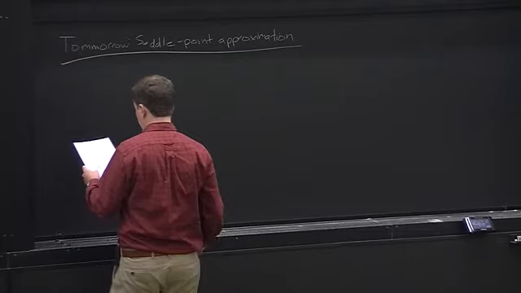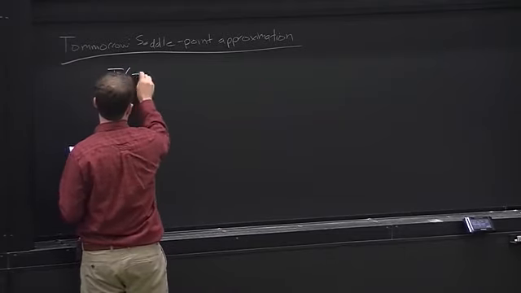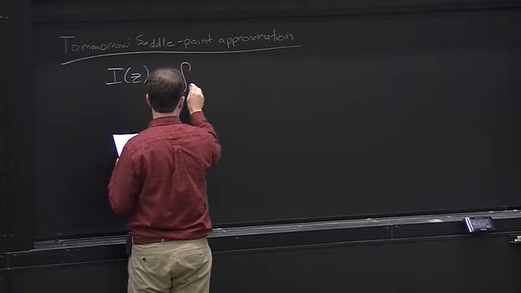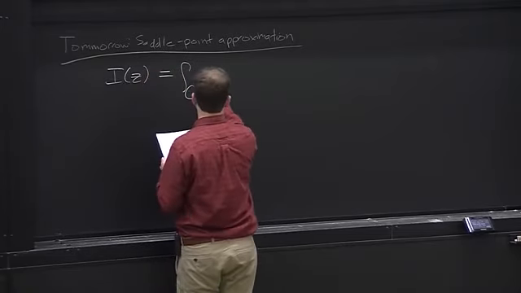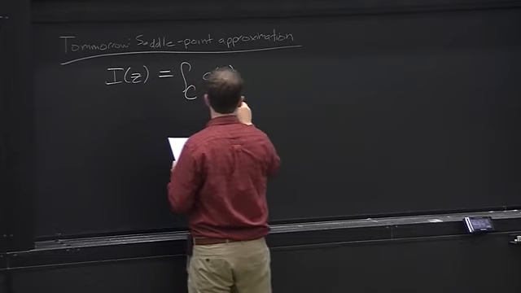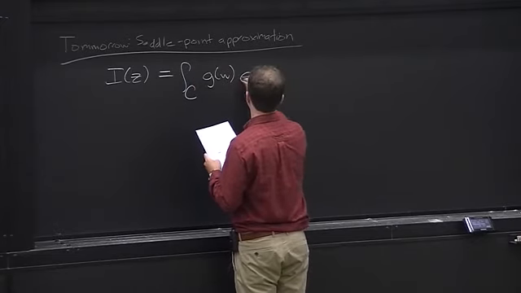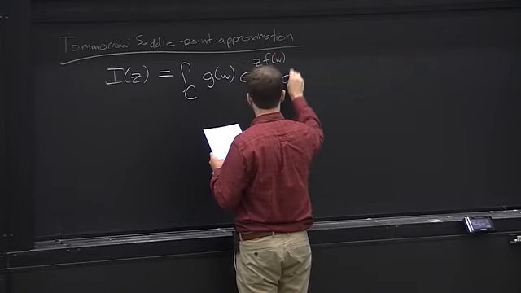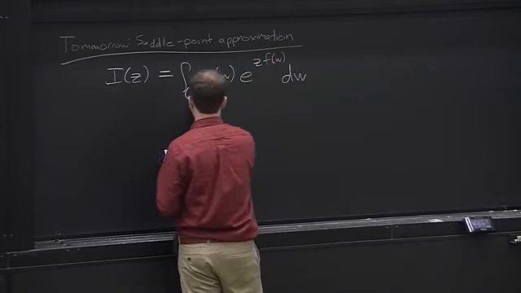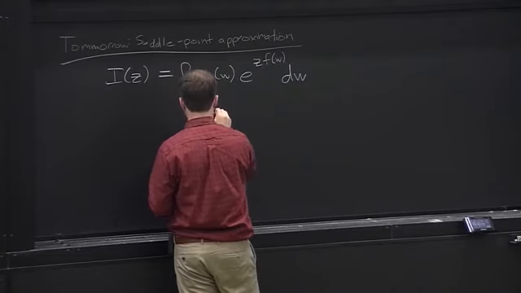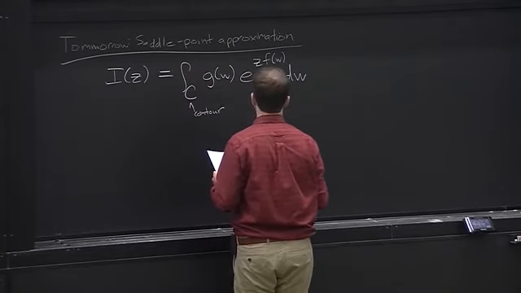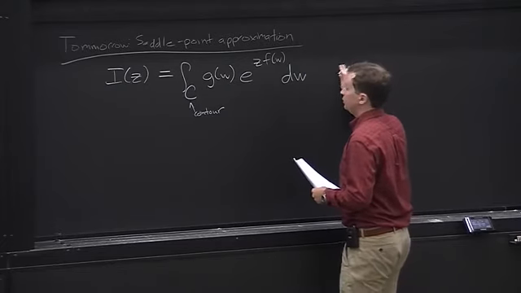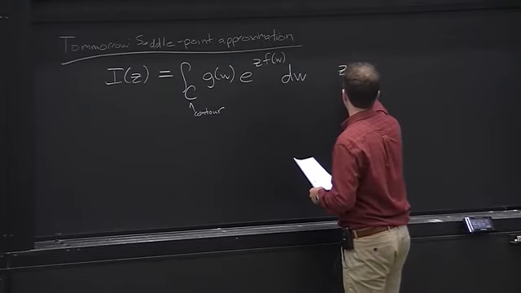So what we'll be interested in are integrals that in general are given by some contour integral, some function times e to the z with some other function of w. This will be a contour. As with this, as z goes to infinity.